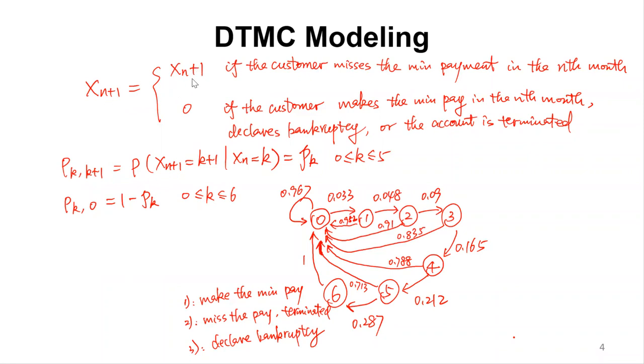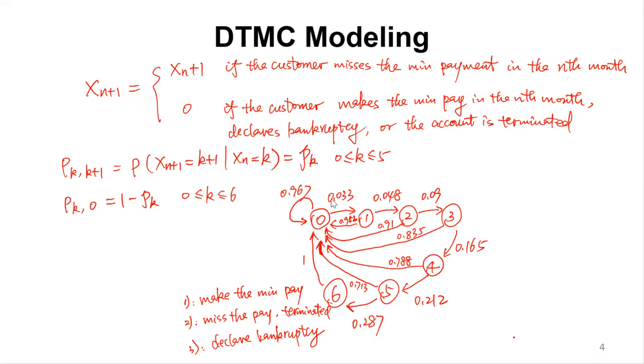So in the next time period, if the customer misses the minimum payment in the nth month, the state moves up. If the customer makes the minimum payment in the nth month, or declares bankruptcy, or the account is terminated, then Xn plus 1 will become 0.